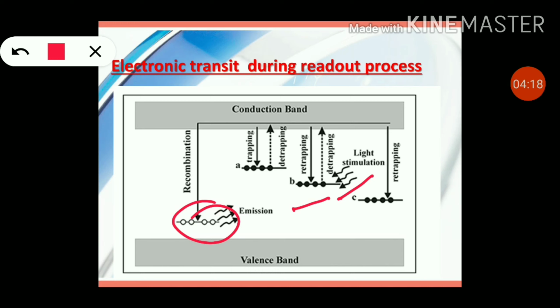So the trapped charges can be released to the conduction or the valence band using optical stimulation. Once the trapped charges escape, the electron hole pairs recombine. This results in the OSL luminescence emission. So this emission of light corresponds to the radiation absorbed.